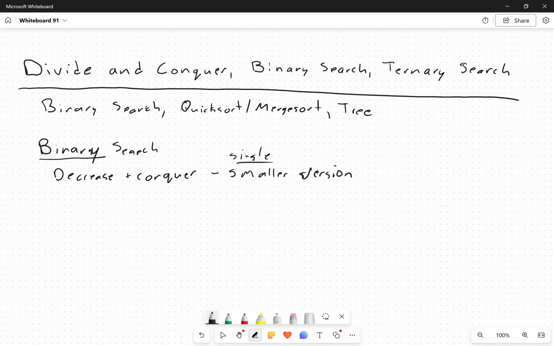You go from trying to find something in a large range to a smaller range, and you throw away the other part of the range. So it's not like you have to deal with both of them, like in general divide and conquer.